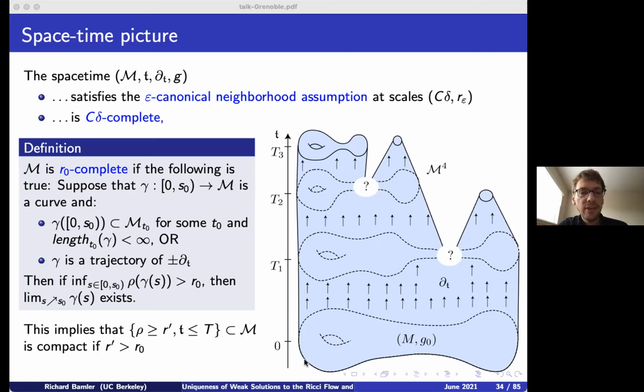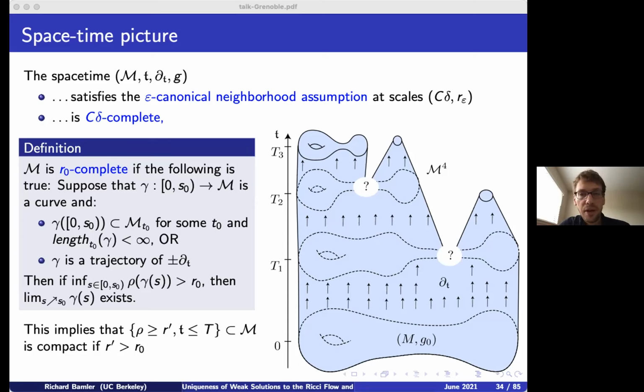But the advantage of thinking about the spacetime picture is that now I can take limits. This is some kind of manifold and I can take limits. And in the limiting process, the number of surgery times, or singular times, could potentially accumulate. So I don't have to worry about things like that.